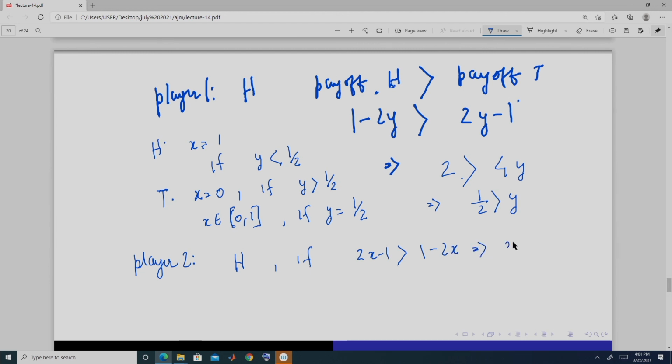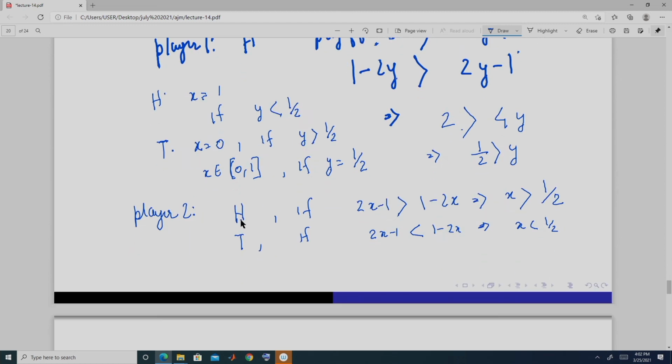So this means x is greater than half, and it plays tail if x is less than half. So in this case, y is always equal to 1, and here y is always equal to 0, and y will take any value between 0 and 1 if x is equal to half.